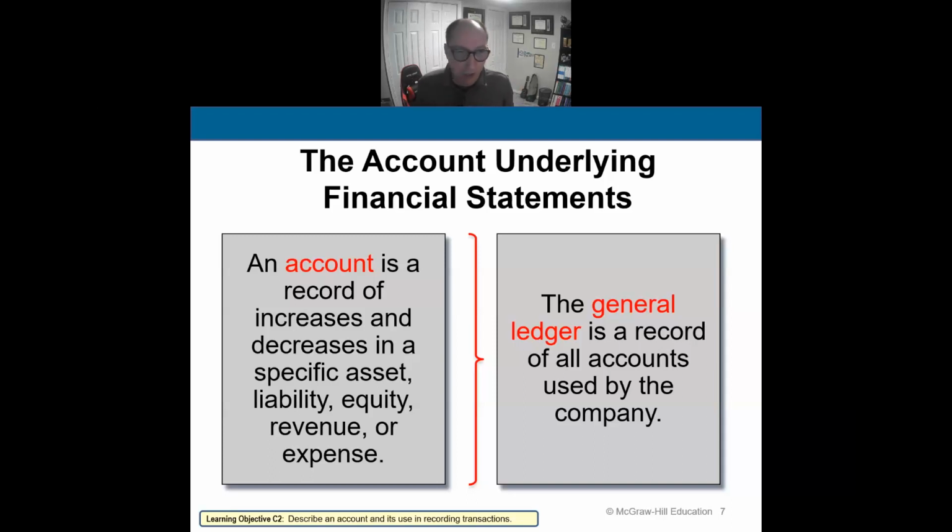Then we have other accounts like revenue and expense accounts. Revenue accounts would include things like sales revenue, which comes from the sale of inventory. You might also see a line item called service revenue.